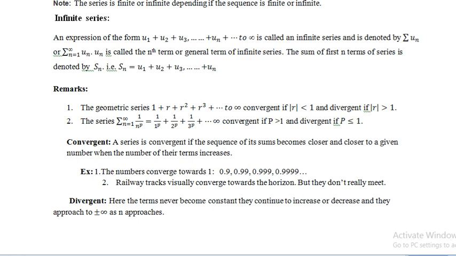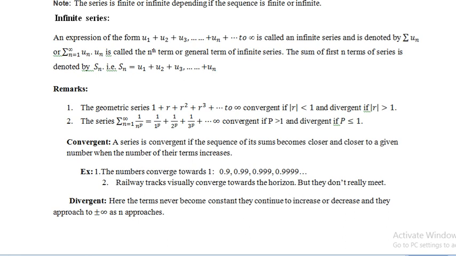Divergent. In a sequence, the terms either increase or decrease continuously, approaching plus or minus infinity as the number n increases.